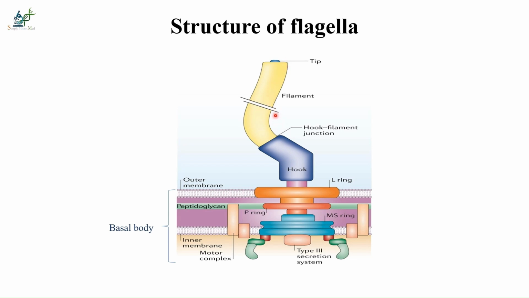It is external to the cell and connected to the hook at the cell surface. The filament is made up of flagellin. This is about the structure of bacterial flagella. The bacterial flagella is used for the motility or locomotion of bacteria from one place to another.